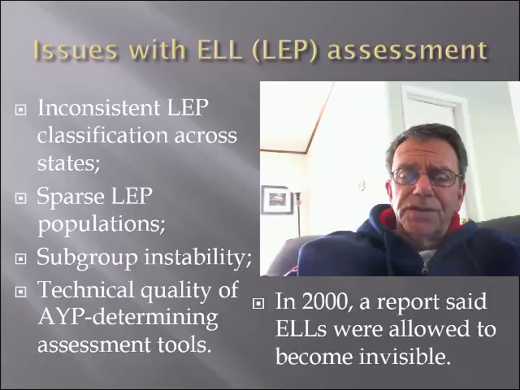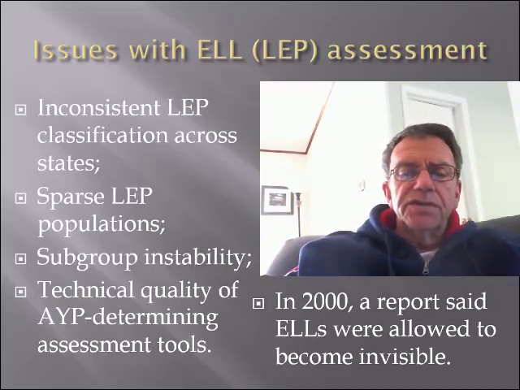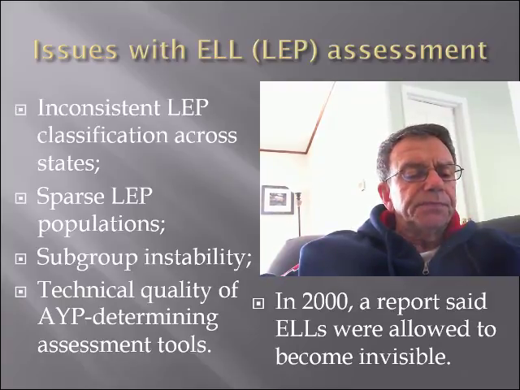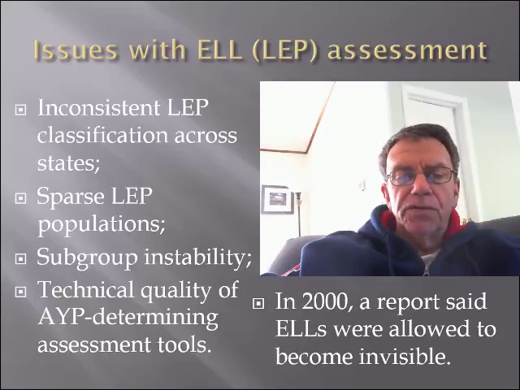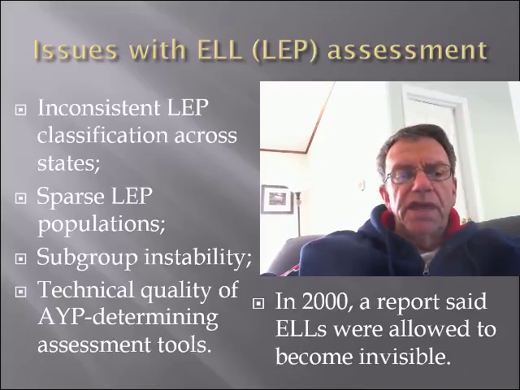But in the year 2000, the President's Advisory Commission on Educational Excellence for Hispanic Americans issued a report in May 2000 asserting that state accountability officials allow Hispanic youngsters to become invisible inside the very system charged with educating them.